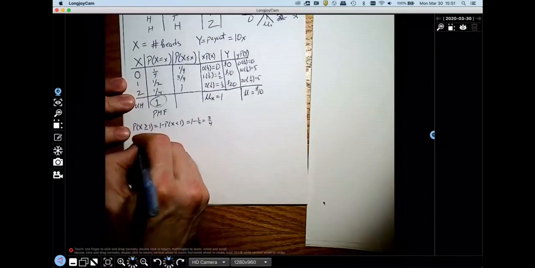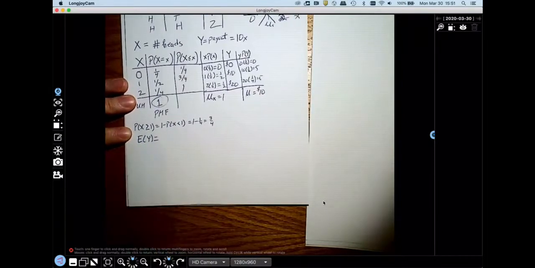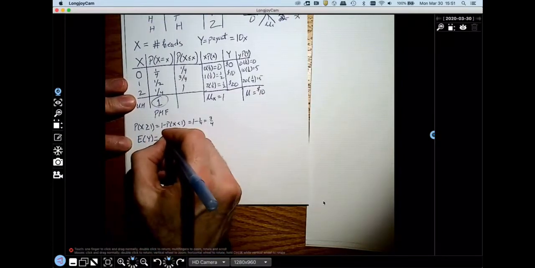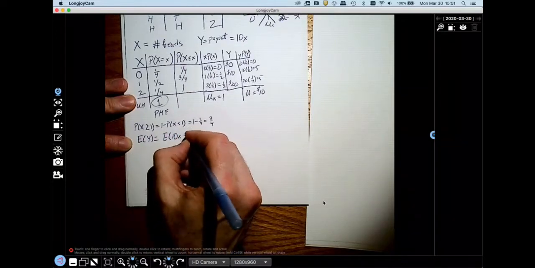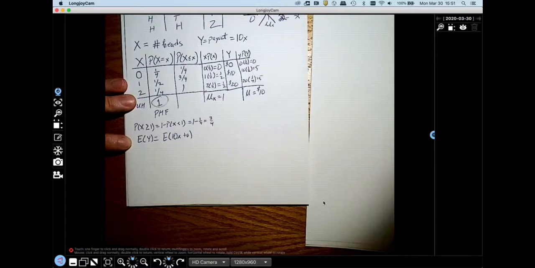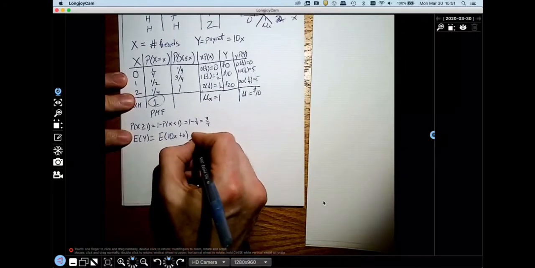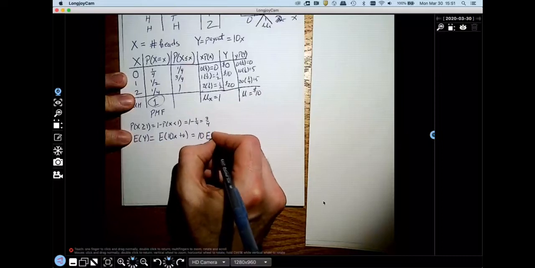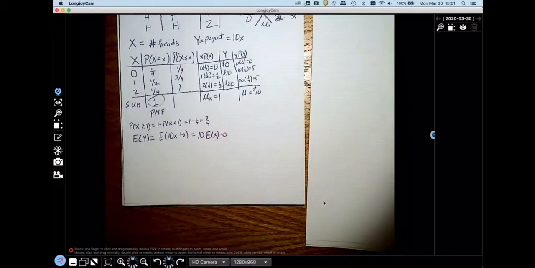The expectation of y is equal to the expectation of 10x, you can think of, plus 0. What that formula says is we can pull out all these constants. This is equal to 10 times the expected value of x plus the constant, which is 0.